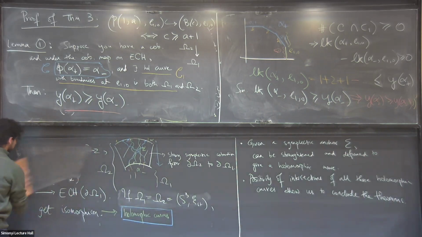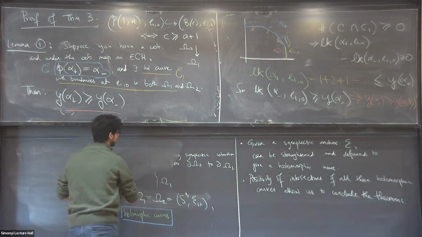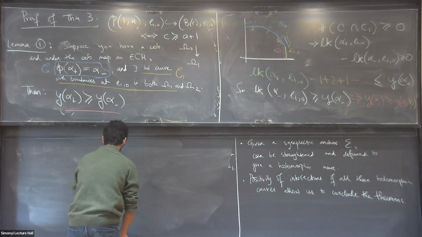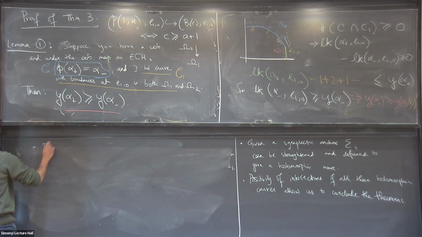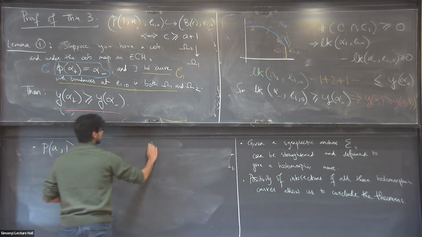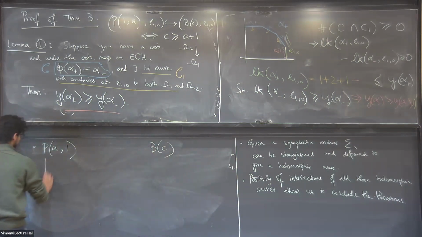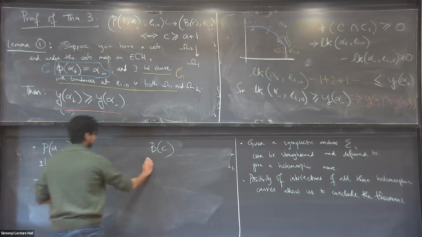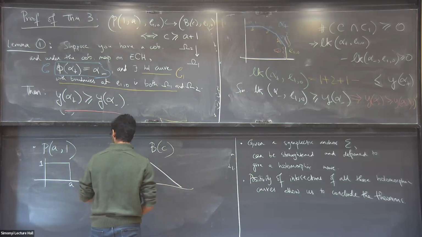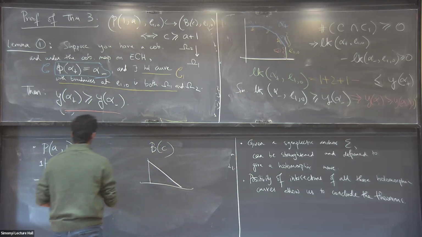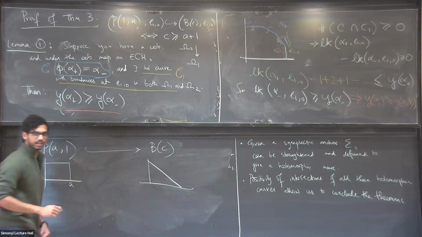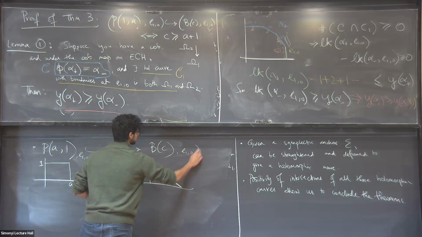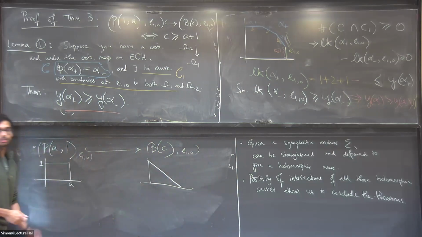All right. And so how does this now work for P(A,1) and B of C? P(A,1) looks like this, and B of C like this. So we want to say that this embeds inside that, with E10, and there's a curve between the E10s.